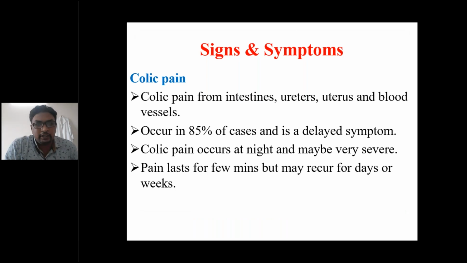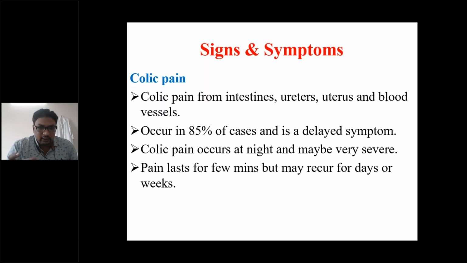Fourth clinical feature is colic pain or abdominal pain. So first one is facial pallor, second one is anemia, third one is Bartolian line or lead line, fourth one is colic pain. Colic pain means spasmodic pain.